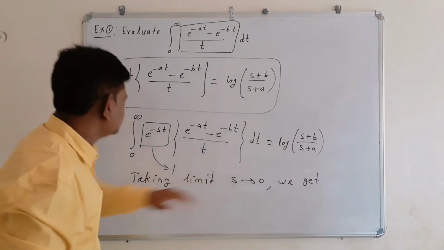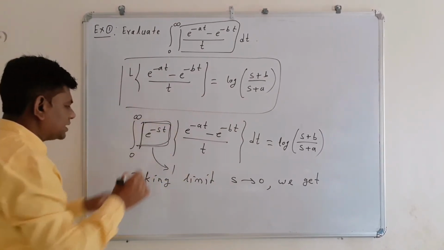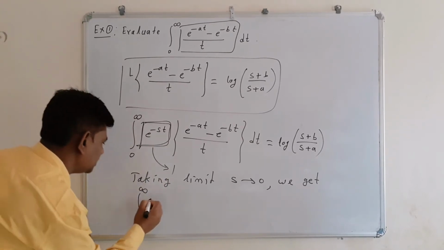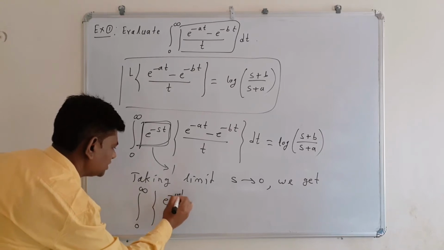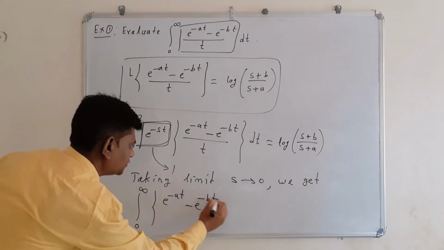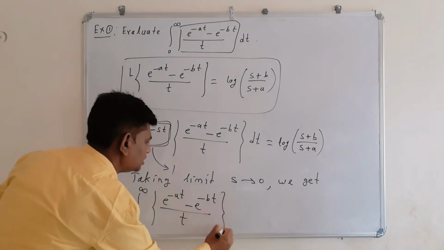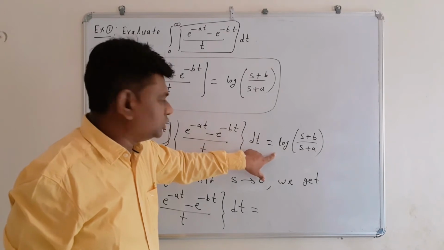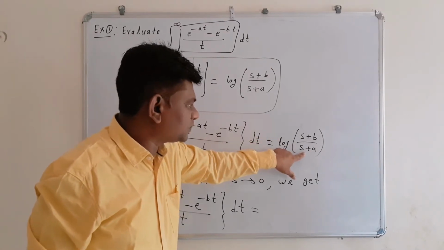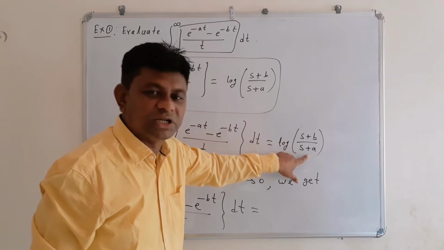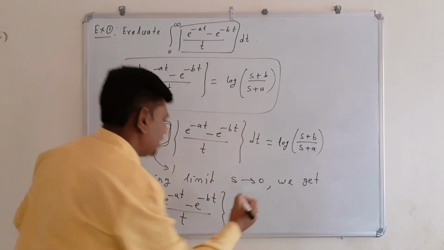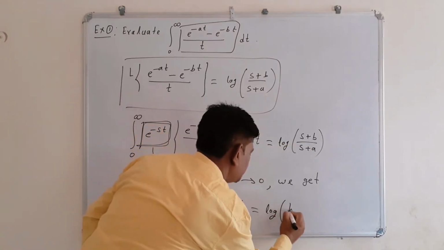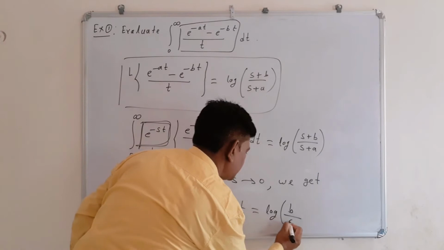now as s tends to 0, this e to the power minus st tends to 1. So therefore integration 0 to infinity e to the power minus at minus e to the power minus bt upon t dt is equal to, now again as s tends to 0, log of s plus b upon s plus a at s equal to 0, the answer is log of 0 plus b, meaning b, and 0 plus a, meaning a.